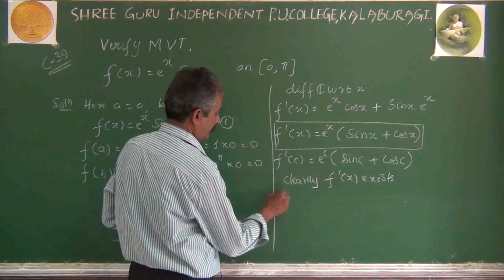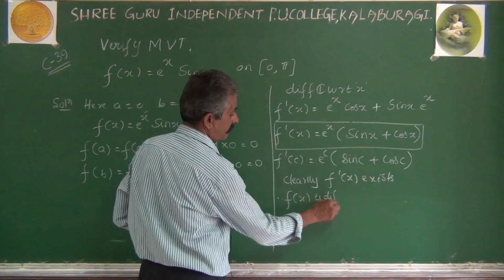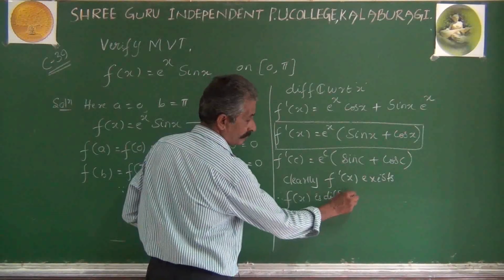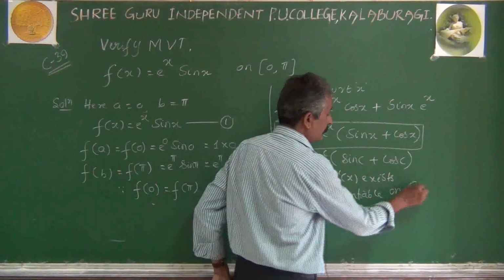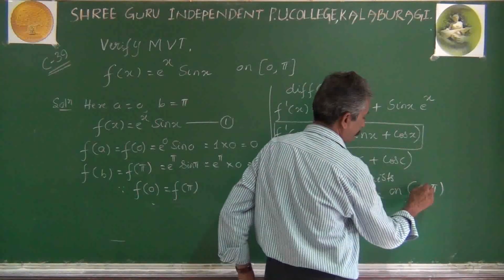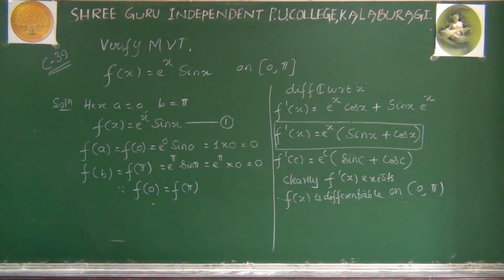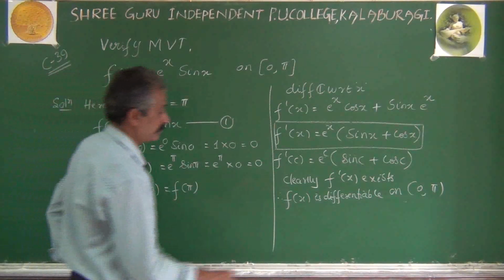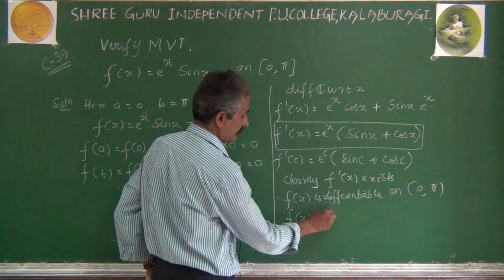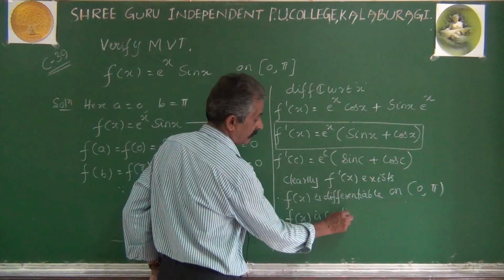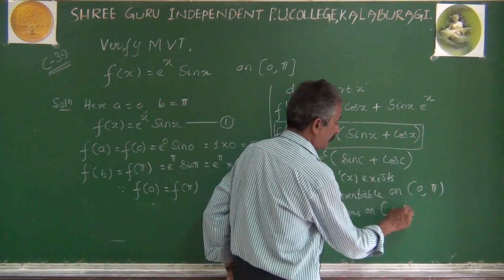Therefore, f of x is differentiable on the open interval 0, pi. By theorem, what we know is that every differentiable function is always continuous. Therefore, f x is continuous on the closed interval 0, pi.